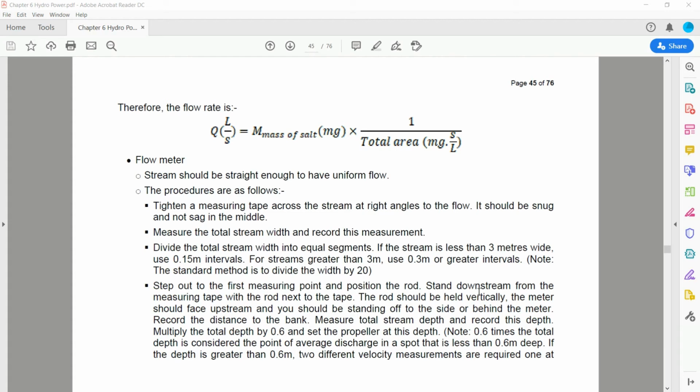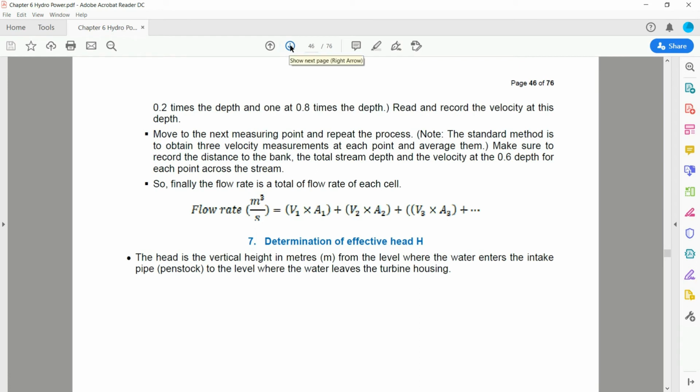Note, 0.6 times the total depth is considered the point of average discharge in a spot that is less than 0.6 meter deep. If the depth is greater than 0.6 meter, two different velocity measurements are required, one at 0.2 times the depth and one at 0.8 times the depth.